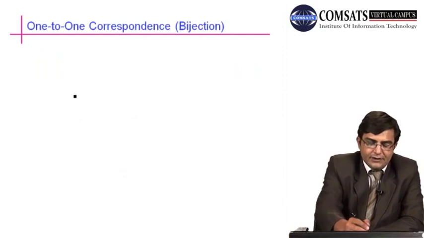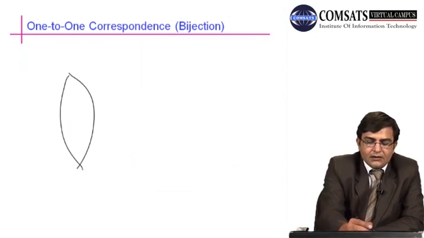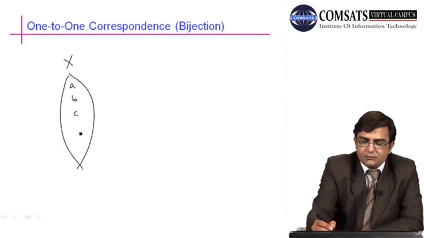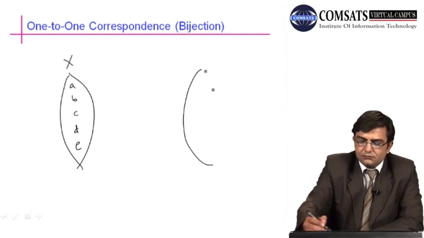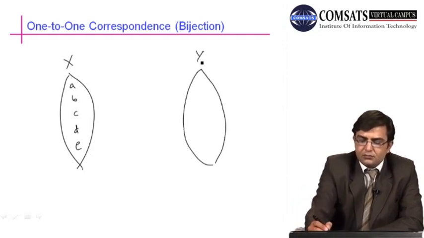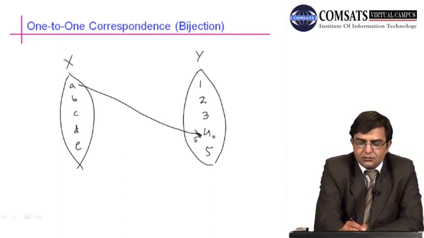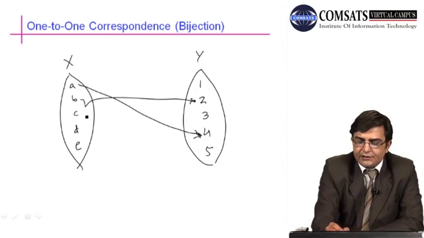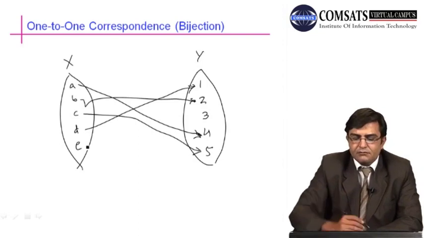Again take the same: the X set is a, b, c, d, e and the Y set is 1, 2, 3, 4, 5. Suppose a is related to 4, b is related to 2, c is related to 5, d is related to 1, and e is related to 3.